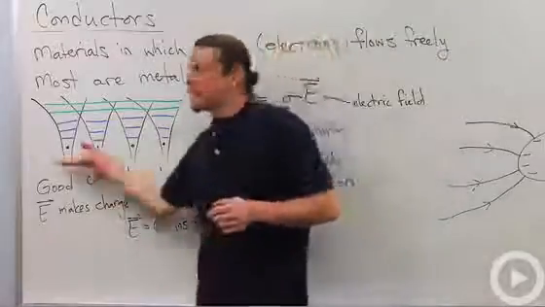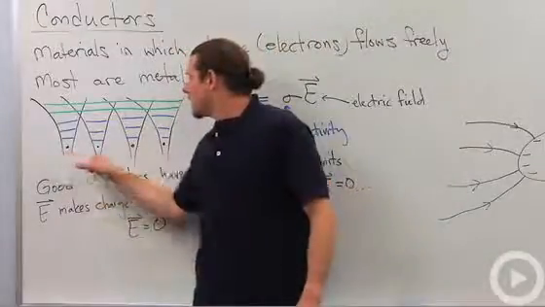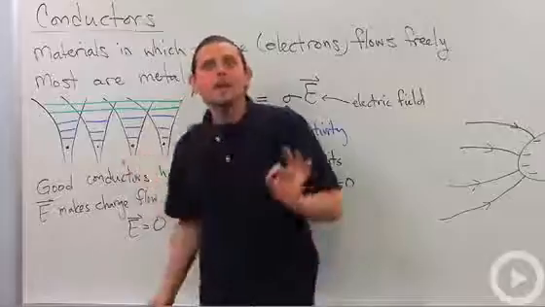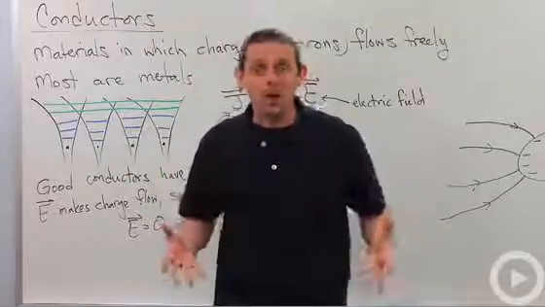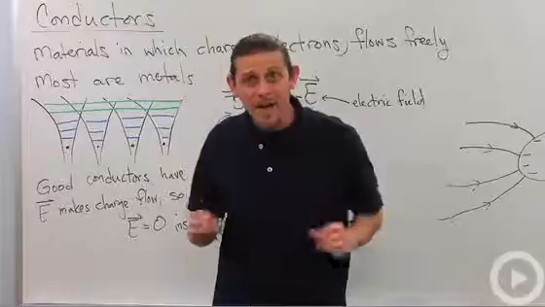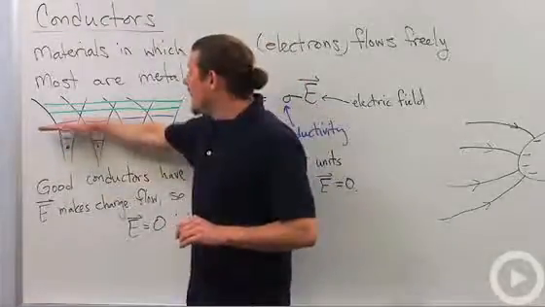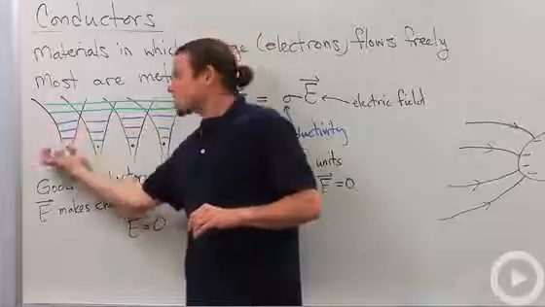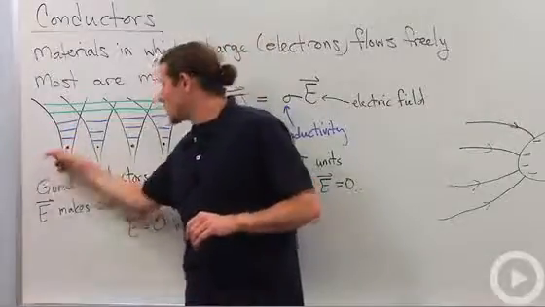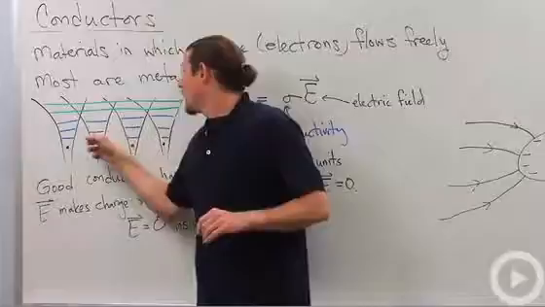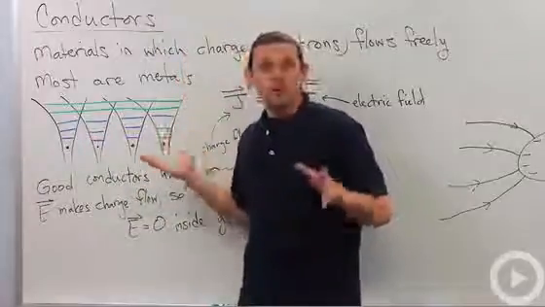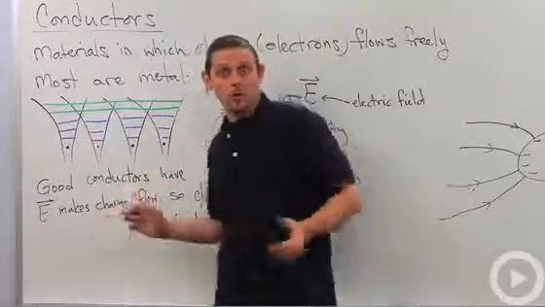Well, most metals look like this. We've got nuclei down here. Each nucleus has a bunch of electrons that are associated with it. Now, with conductors, with metals, we've got some of these bands where the electrons are held very close to the nucleus. So these blue ones, we know which electron belongs with which nucleus.